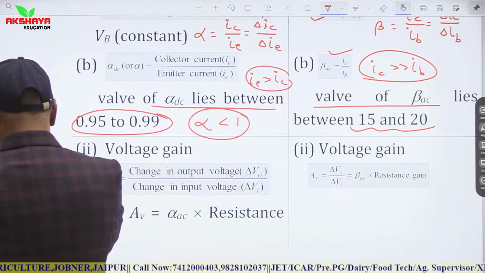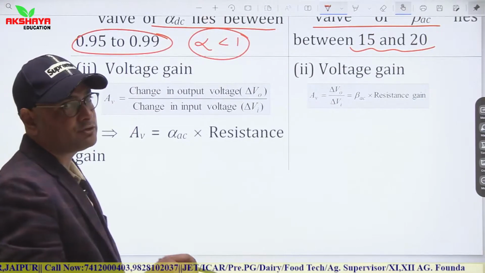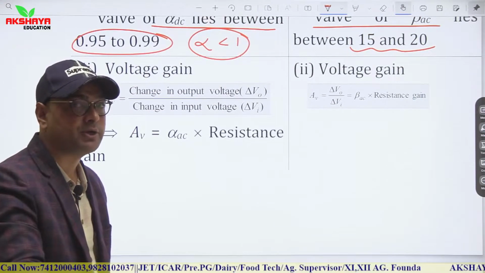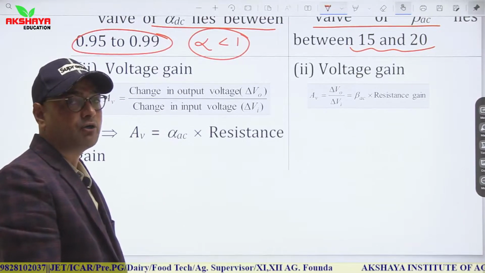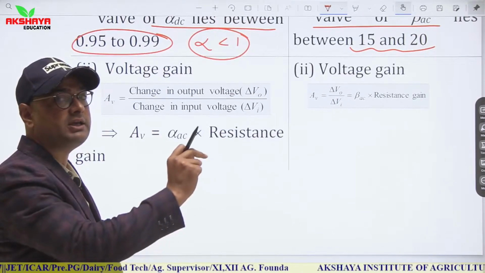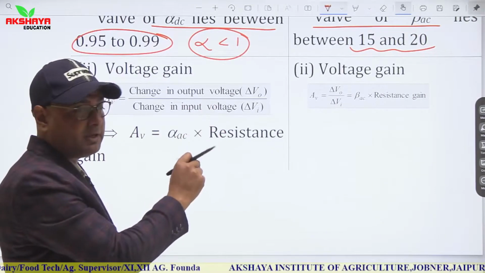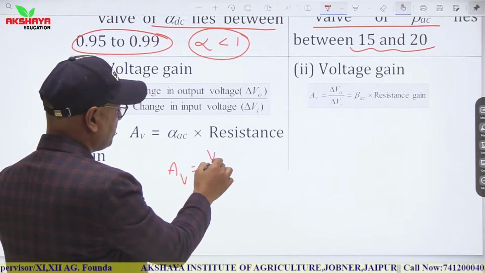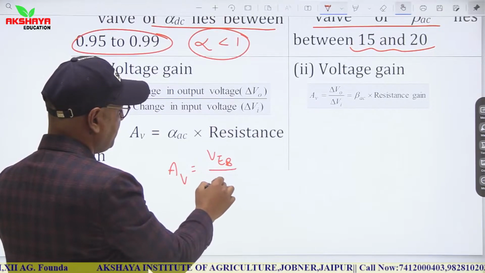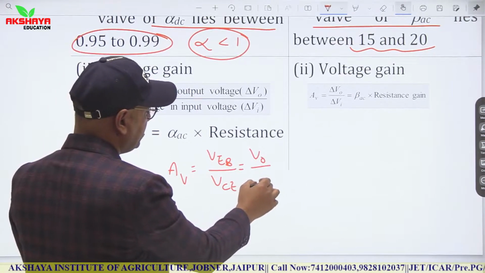Similarly, if we talk about voltage gain, voltage gain is also output voltage with respect to input voltage. In case of common base configuration, it is VEB upon VCE, or we can say output voltage upon input voltage.